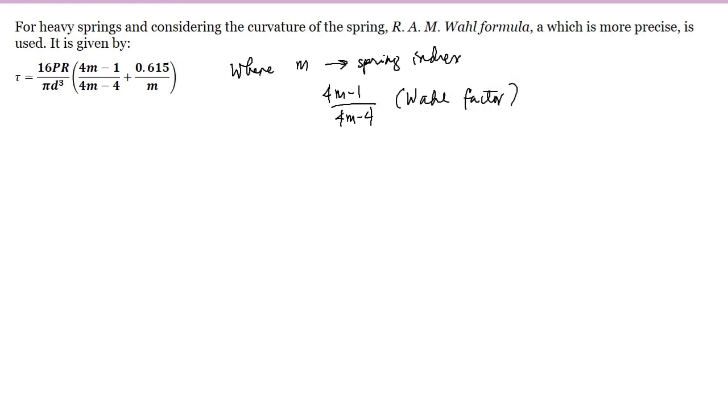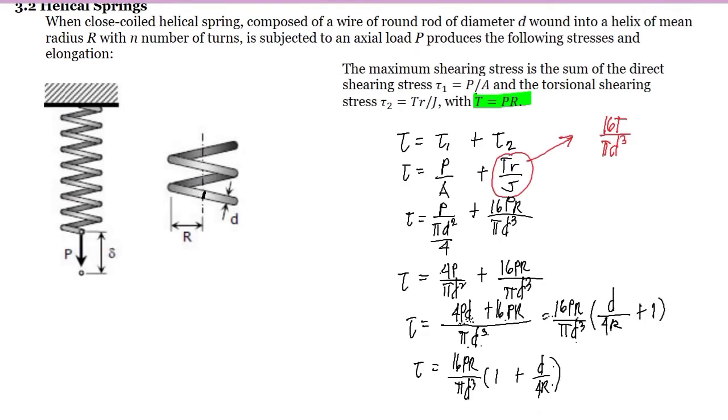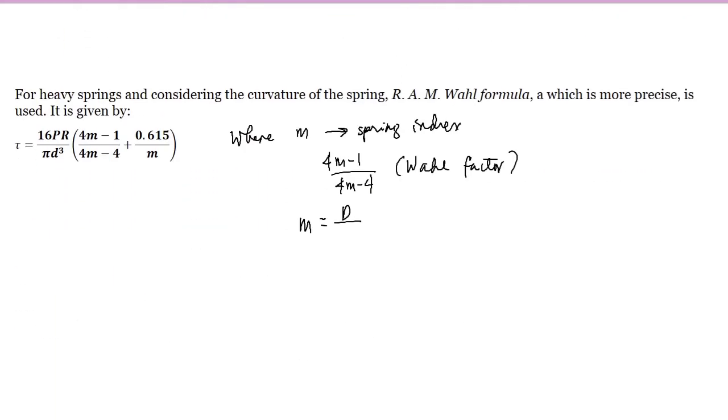So, what is the value of spring index m? Spring index m is the ratio between the diameter D, which is this, and the lowercase d, the diameter of the spring wire. So we have this diameter over the diameter of the wire.